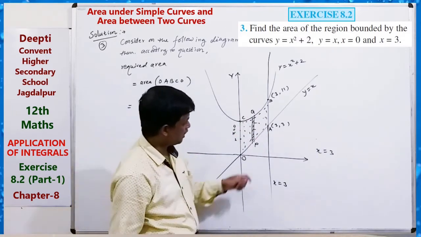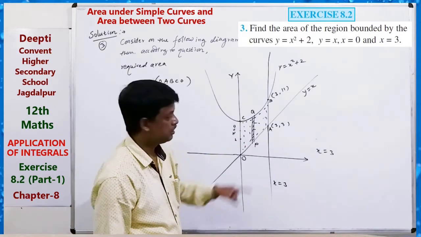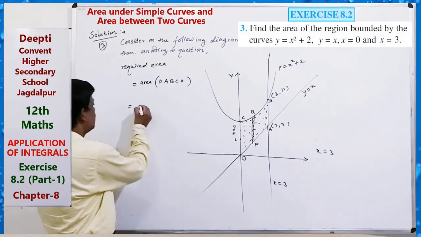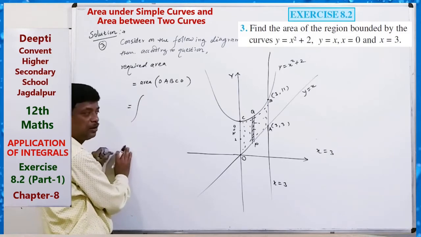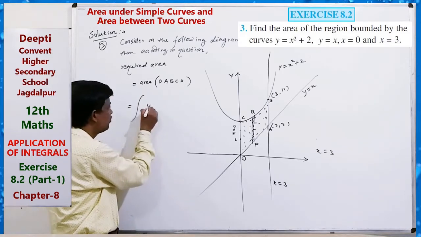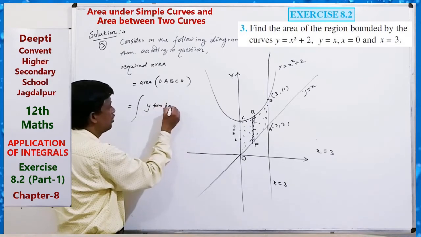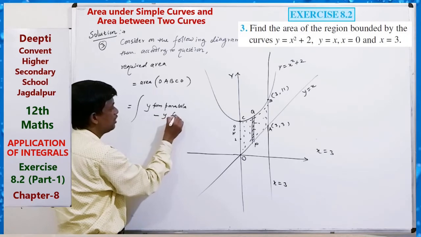From here we find the value of y from the parabola minus the value of y from the line. So this area equals the integral of y from the upper part, the parabola, minus y from what?